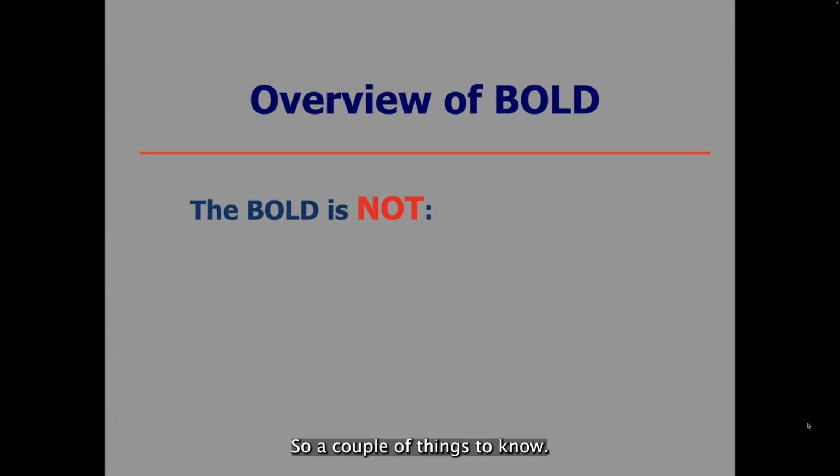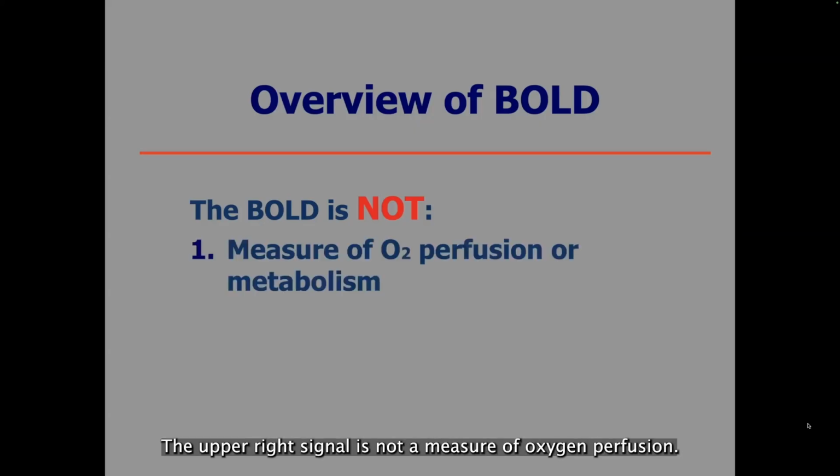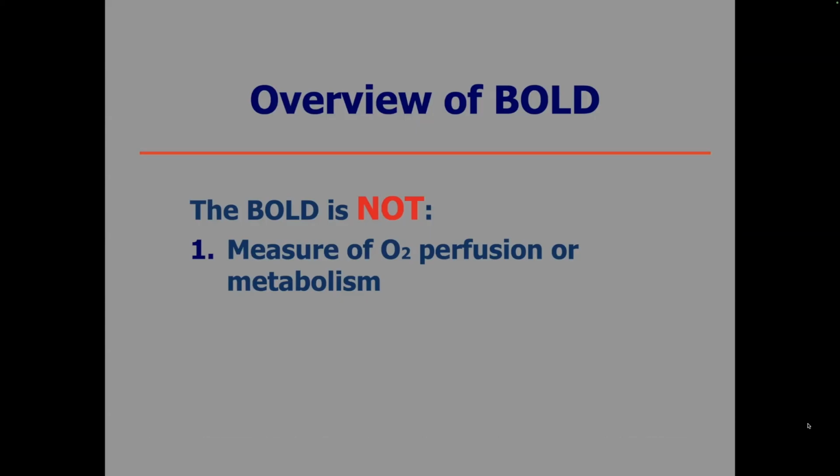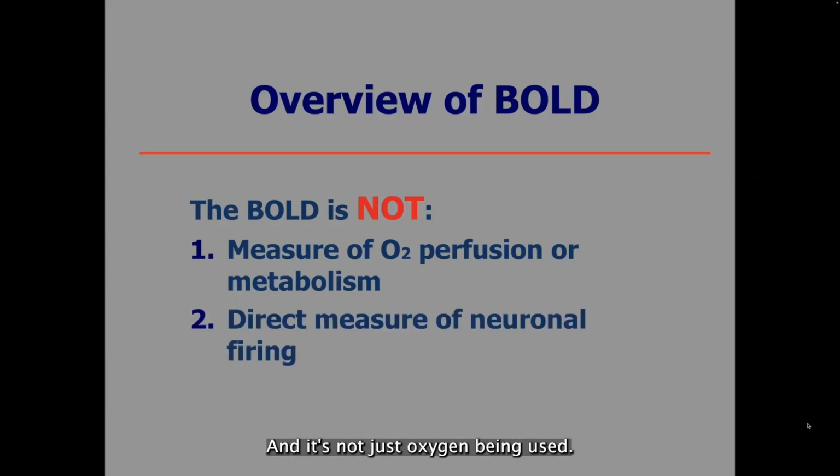So a couple of things to know. This blood oxygen level dependent signal, the fMRI signal, is not a measure of oxygen perfusion. It doesn't tell us, like PET in a previous module can, an exact measure of how much oxygen is being used. Bold has a number of different parts to it, and it's not just oxygen being used.